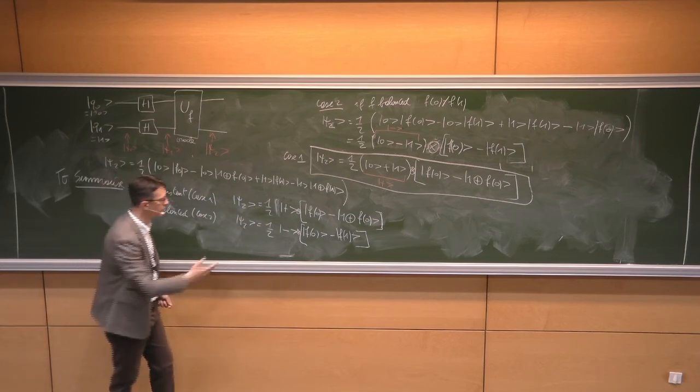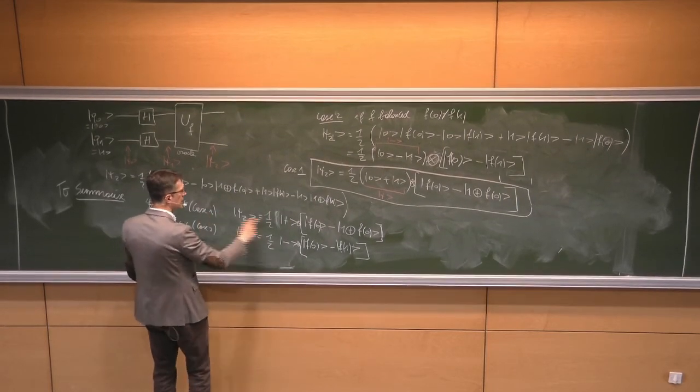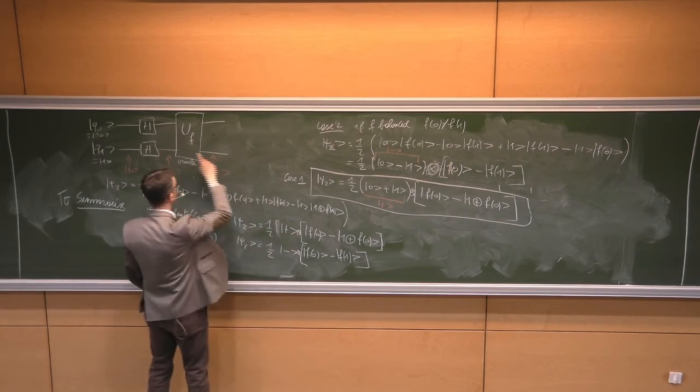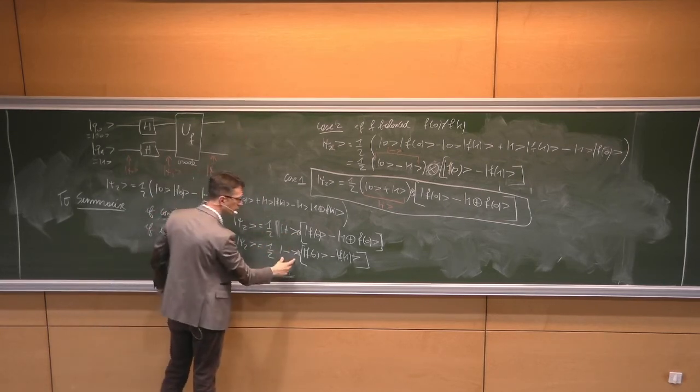I don't care because now what I can see is that if I am constant, then the top qubit is going to be in a plus state. And if I am balanced, then the top qubit is going to be minus.